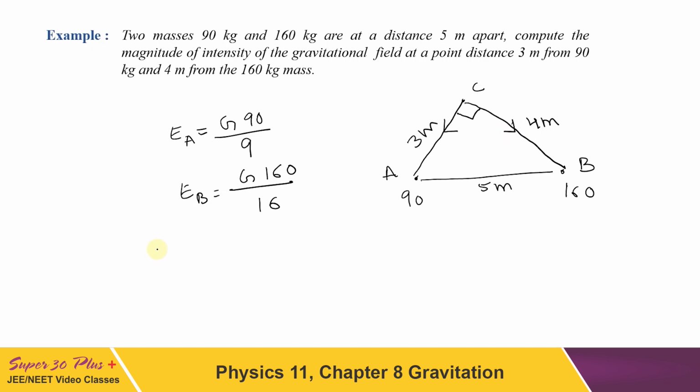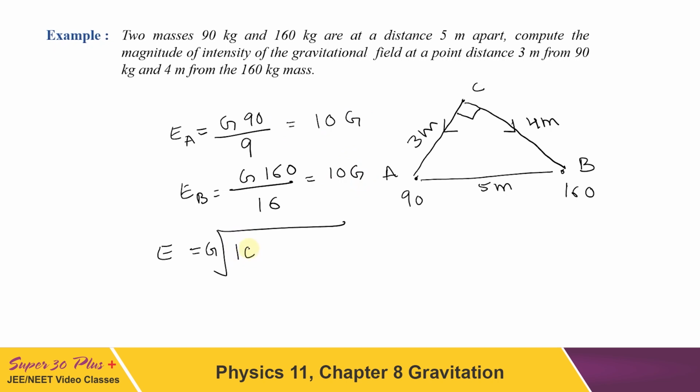So now we can write the resultant E, as EA and EB are perpendicular to each other. G can be taken common. Then this value was 10G and this also 10G.